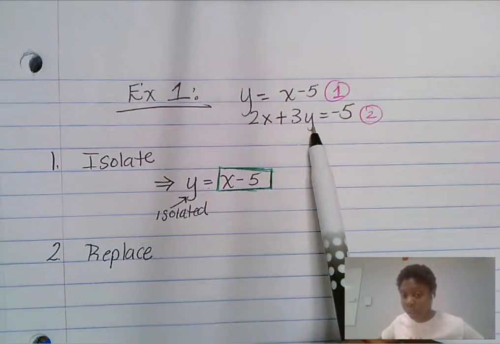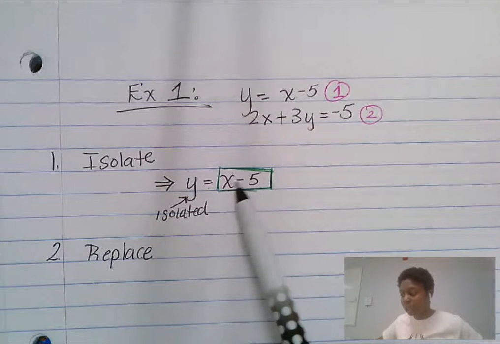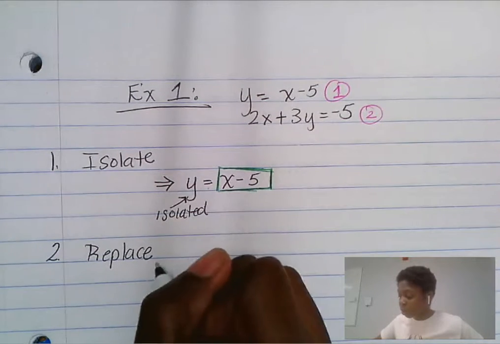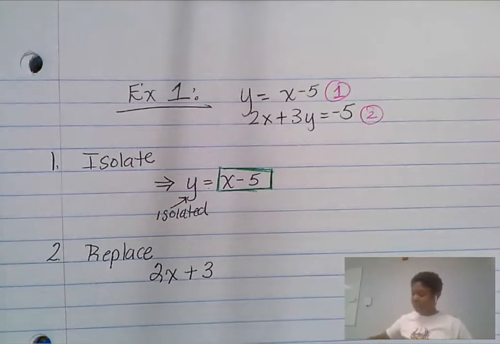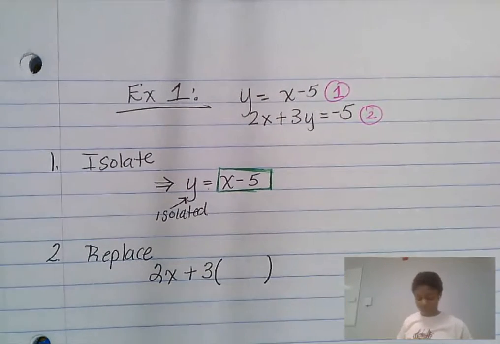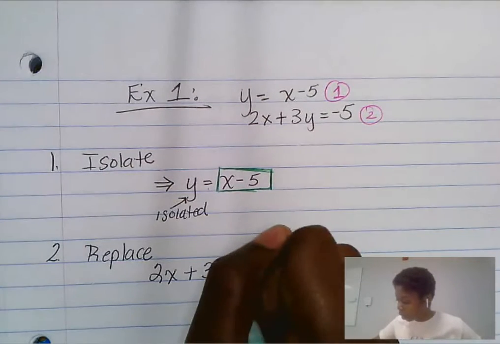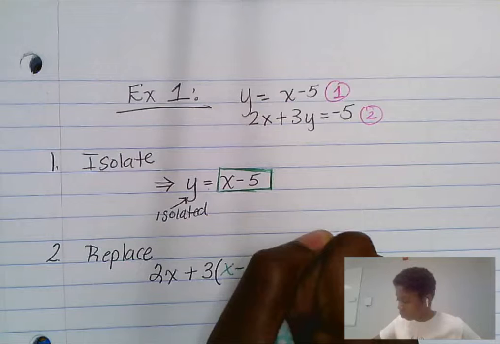I know what y is equal to, so I don't have to put y because I know it's x minus 5. So I'm going to say 2x plus 3, now in parentheses, because we're substituting it in, we're going to put x minus 5.